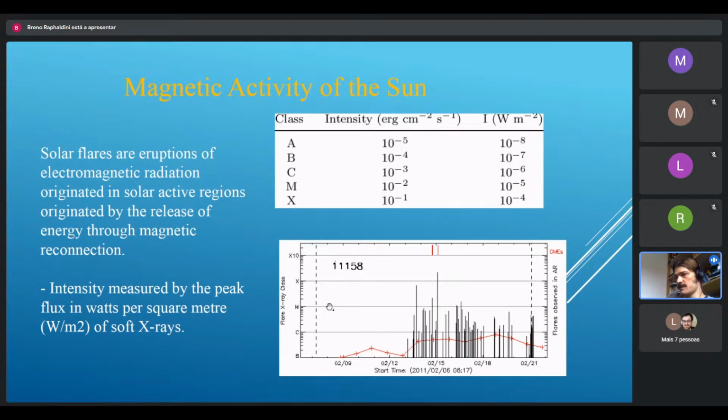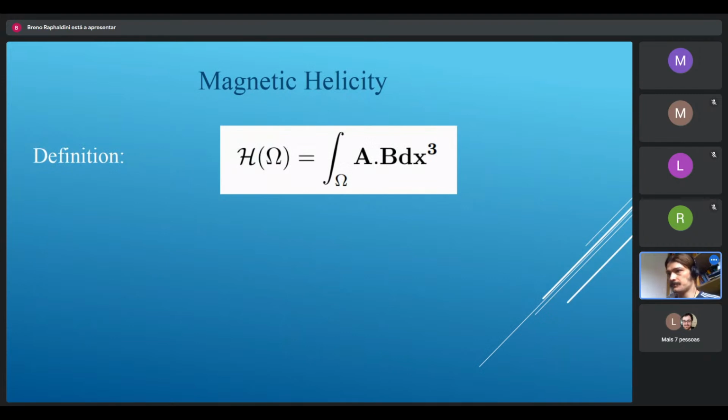When they go above this threshold, they are M class, and when they go above this threshold, they are X class flares. In particular, M and X class flares can cause many of the effects that I mentioned before, such as problems in telecommunications and damaging satellites and so on.